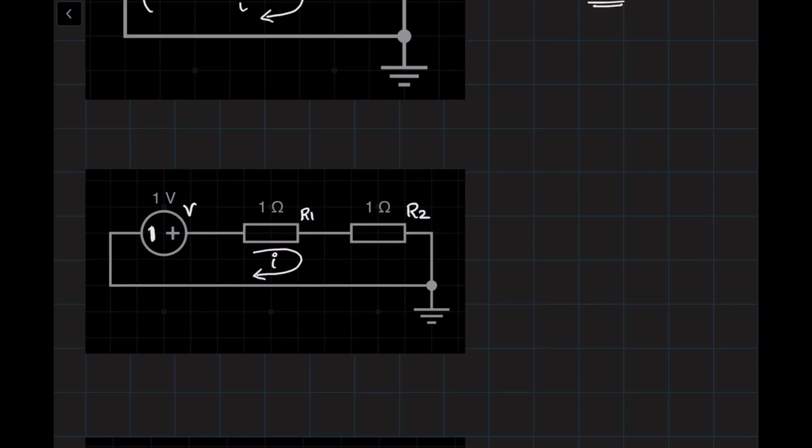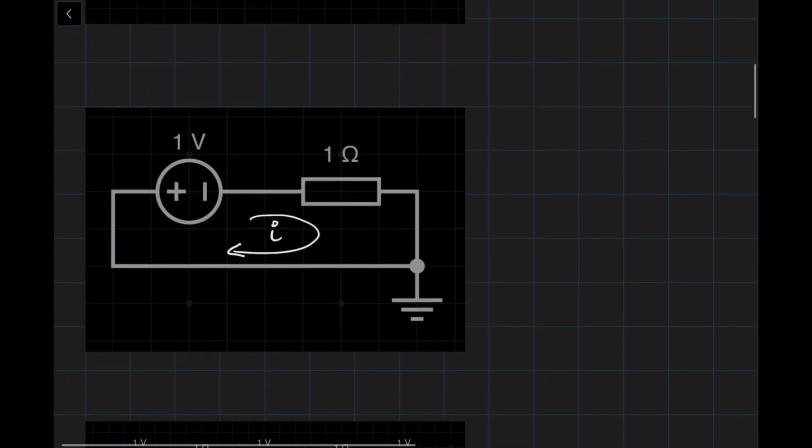You have to put plus V. Now further moving forward, you can see the resistor R1 as well as resistor R2, and the current flowing through these two resistors is I itself. So there is no other voltage source, so put an equal sign, then I into R1 plus I into R2. So if you know the values of R1, R2 and V, easily you can find the value of current. This is how you do the second problem.